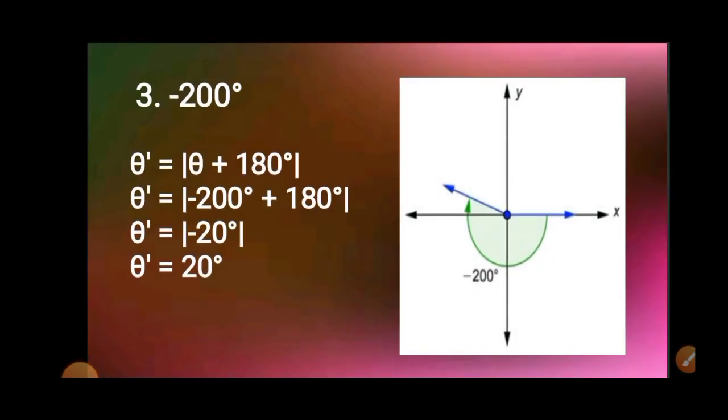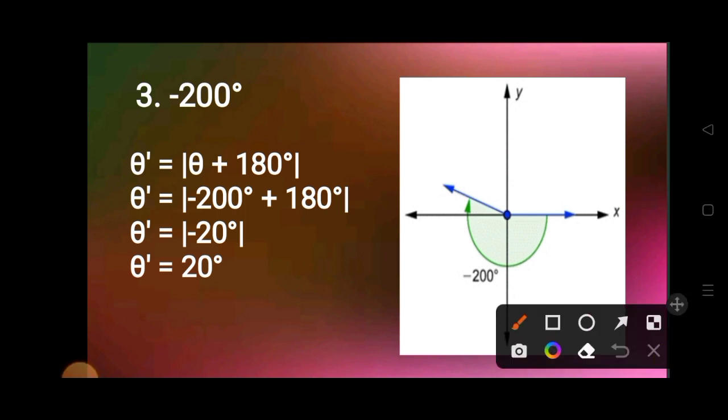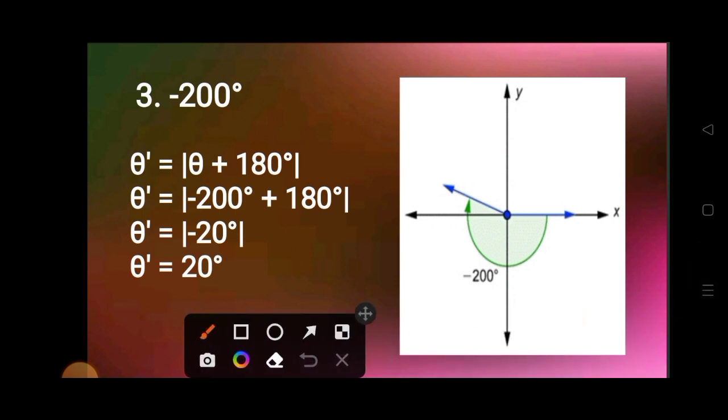Example number 3. We have negative 200 degrees. So negative 200 degrees, based on the graph, is in the second quadrant.